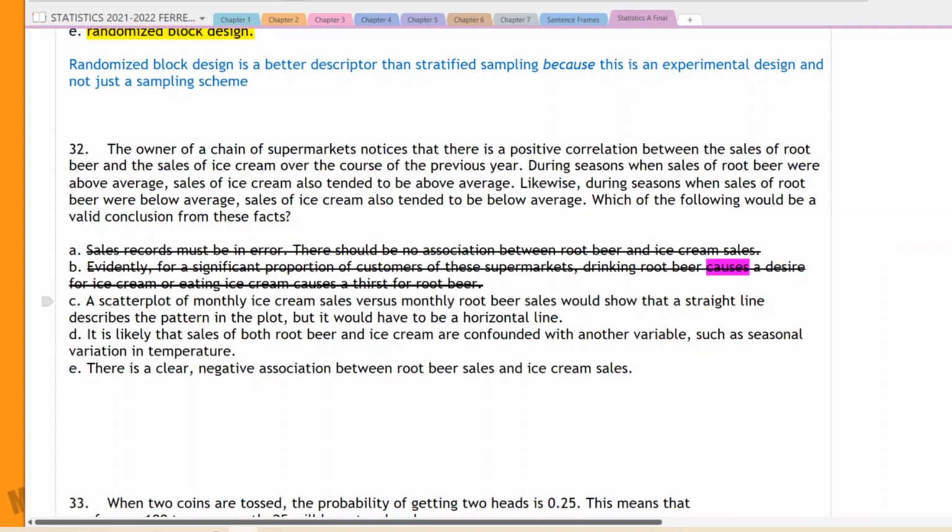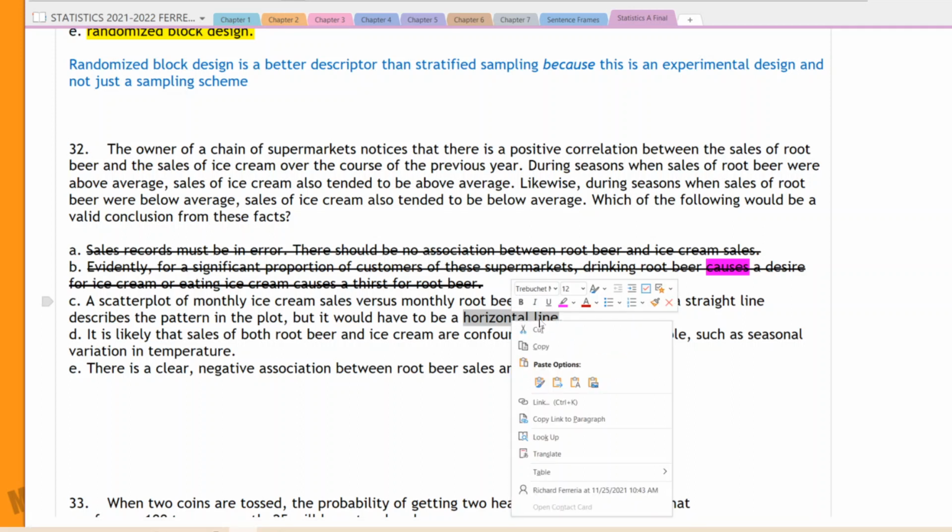That's not what's happening. Letter C: a scatter plot of monthly ice cream sales versus monthly root beer sales would show a straight line pattern. Sorry, a straight line describes the pattern in the plot, but it would have to be a horizontal line. There are a few things wrong here.